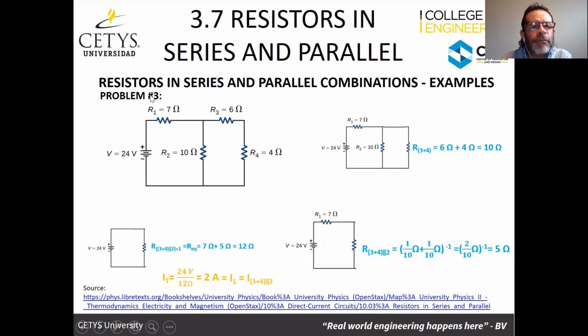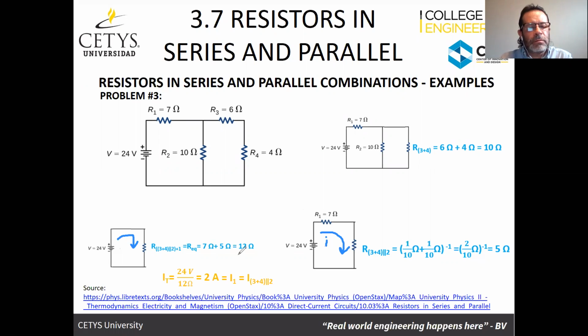And so if we have 2 amps going through here, and we go back, and this is a series connection, then we're also going to have 2 amps going through here. This is the same current. These are 2 amps that we just calculated.